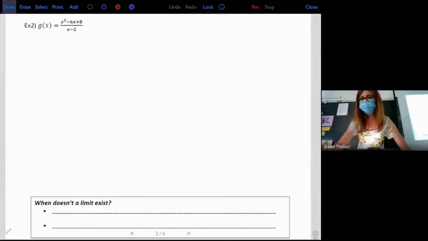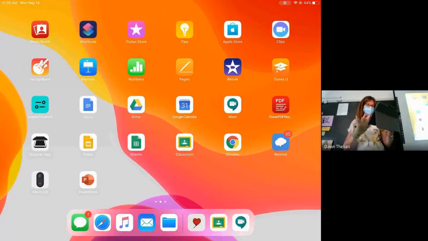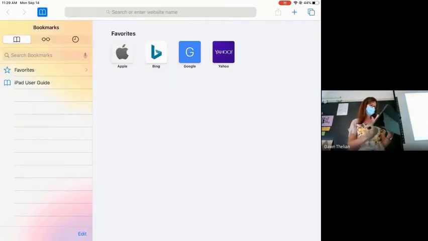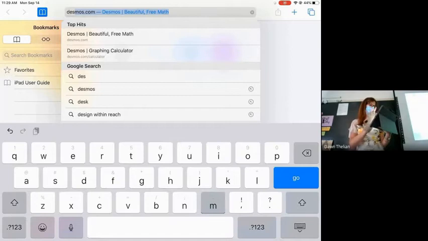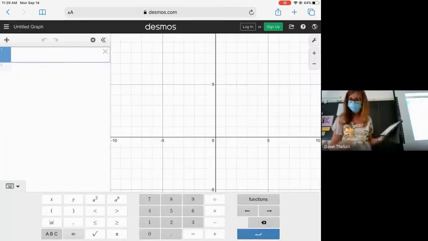Now, I know not everybody has their calculator today, but I'm going to plug this into my calculator for you. Maybe I can even just do this in Desmos and that'll be faster. Let's try it. So I don't have to switch screens. All right, good stuff. What's my function?